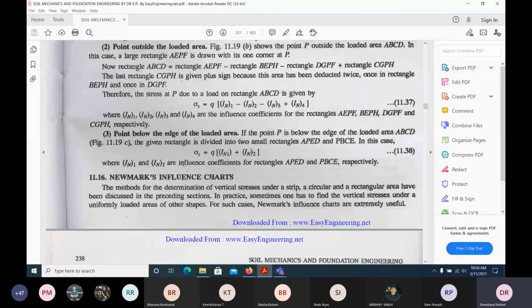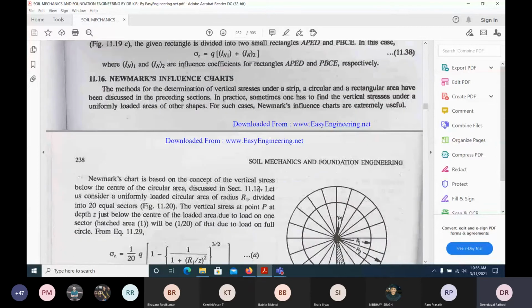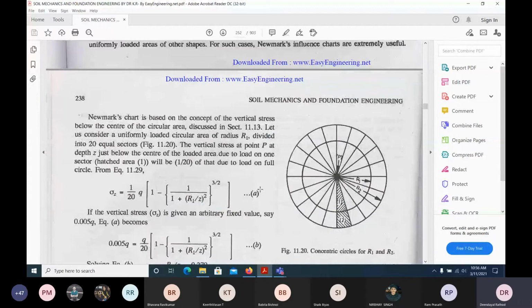What this person Newmark has done is for any shapes, not only circular or rectangular, any zigzag shape. If you put this particular shape on this Newmark's chart, that wheel kind of thing you are seeing, right? That automatically shows the vertical stresses at a particular point.